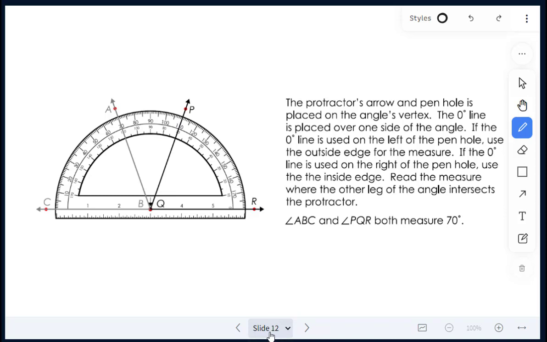All right, so in this case, angle ABC measures 70 degrees, and when we look at angle PQR, it also measures 70 degrees. So it depends on whether you're using left or right, and then if you're using outer or inner.